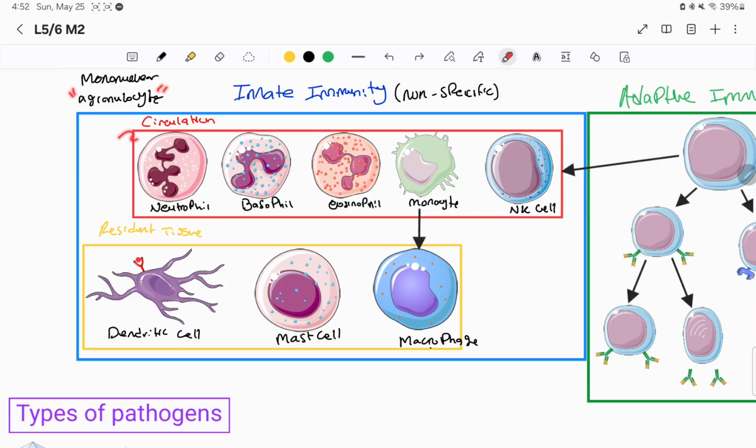While this is the name to this day, later on, after naming this, they found out these guys actually do have granules, but they never changed the name, okay? But mononuclear just means that they have one nucleus, okay? And an example of these would be the NK cell, the monocyte, the macrophage, the mast cell, okay? These guys are mononuclear agranulocytes, okay?